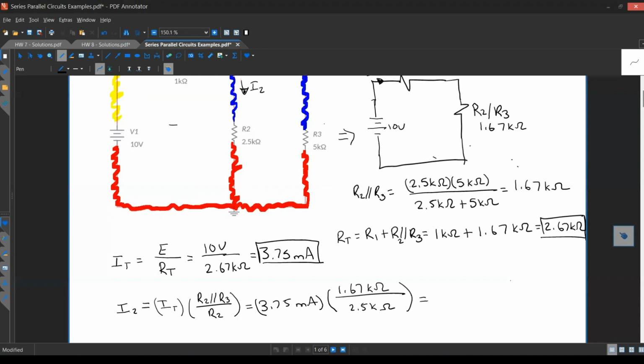All right, and so that equals 2.51 milliamps.